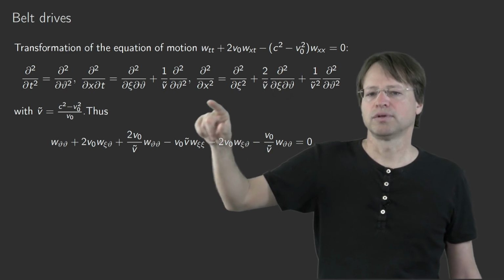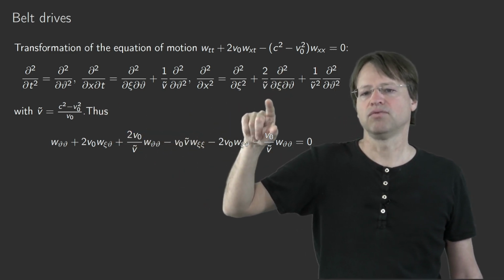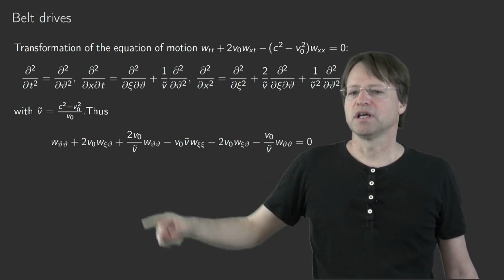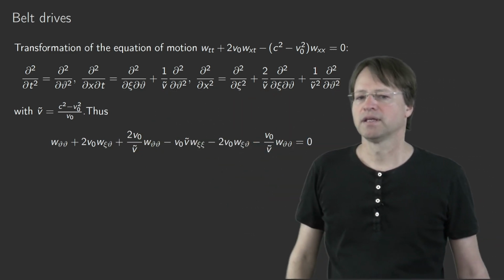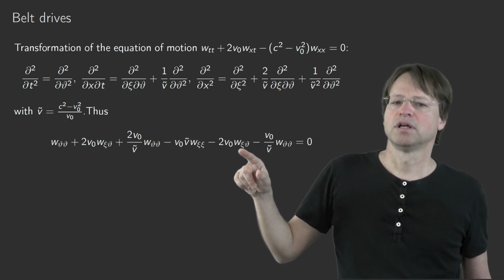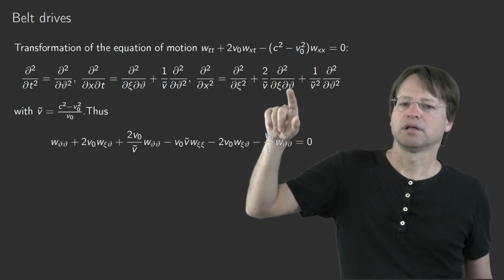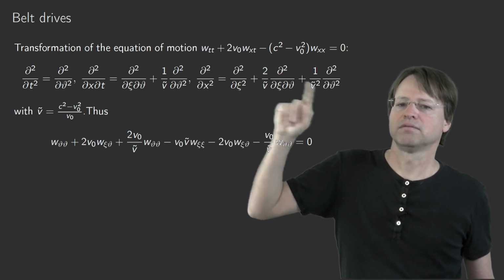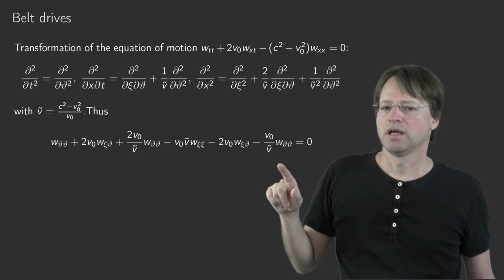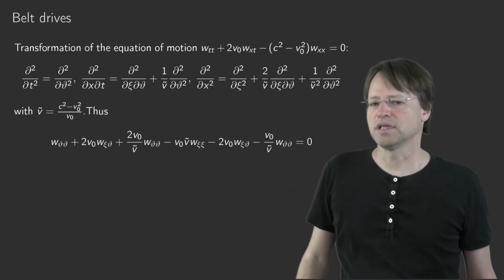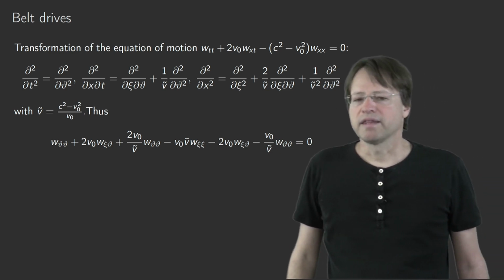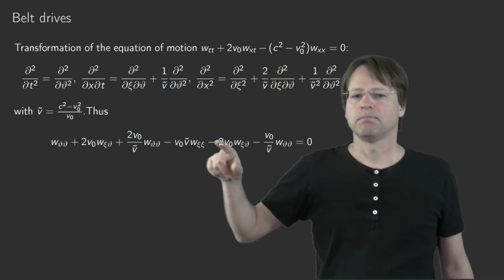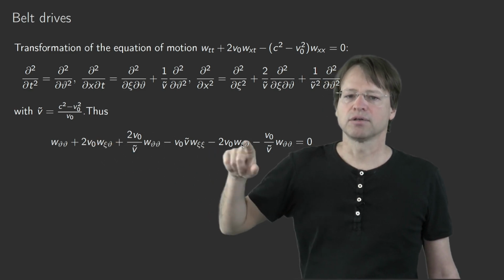So the numerator cancels then with the denominator here in the term v tilde, so that we get v naught here 2 times, minus 2 times v naught w tau psi, or psi tau, and for the last term we get minus v naught divided by v tilde, and it's the second derivative here with respect to tau. So at the moment there would be a mixed term in psi and tau, but we are happy to see that this term cancels.